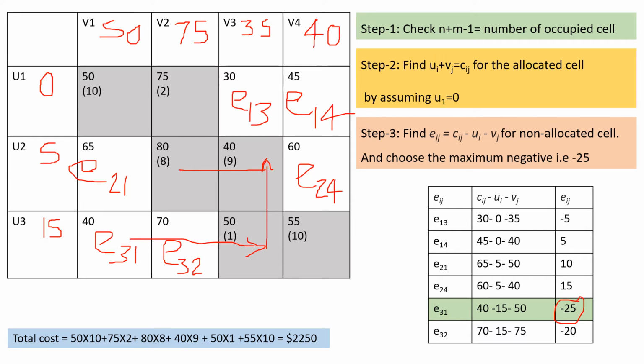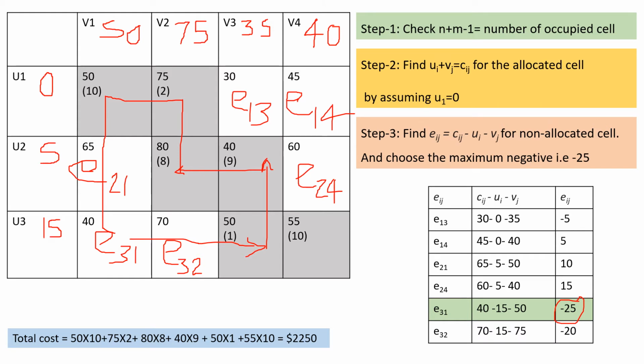Now we can turn from here towards above, following the allocated cell. Now we can turn like this, and now we return back to our original point, right? So here is a closed loop constructed on the stepping stones.